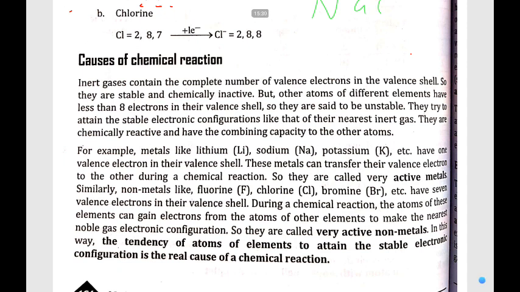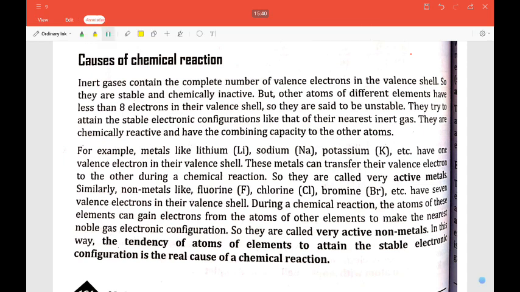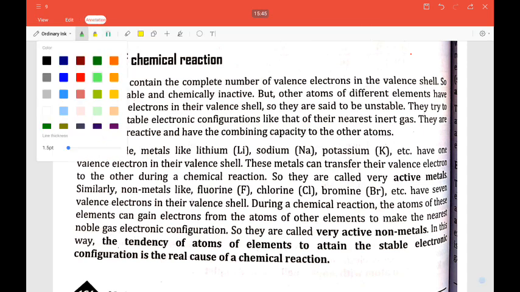Because of chemical reaction, the atoms become stable. They become stable by the processes I said earlier. What are the three processes?